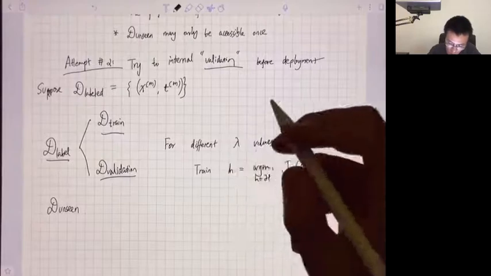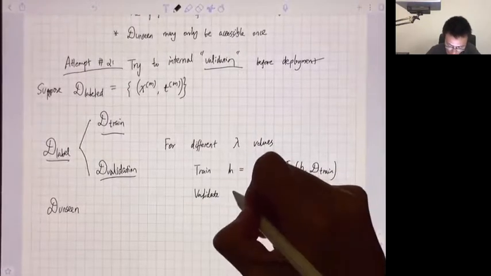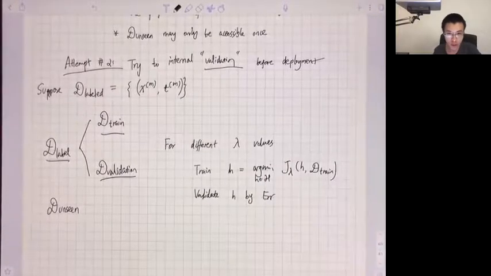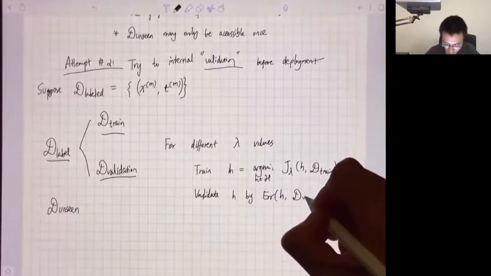Then we validate h by the error. This is the measure of success of such h on my validation set.